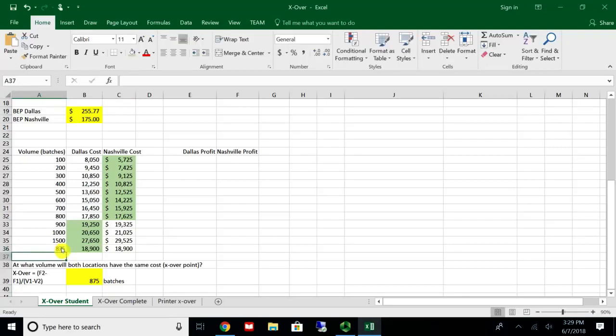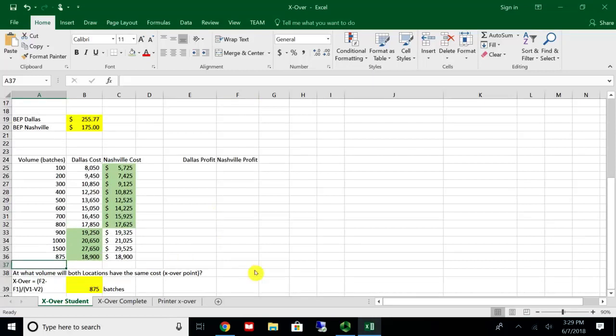I know this is out of order, but I've already got a formula in here telling me what the cost is, and that looks right. So at 875, both locations have a total cost of $18,900. That's why we call that the point of indifference. Indifference meaning I don't really care. I don't really care whether I'm in Dallas or I'm in Nashville if I'm going to make 875 batches a month because my total cost is going to be exactly the same.